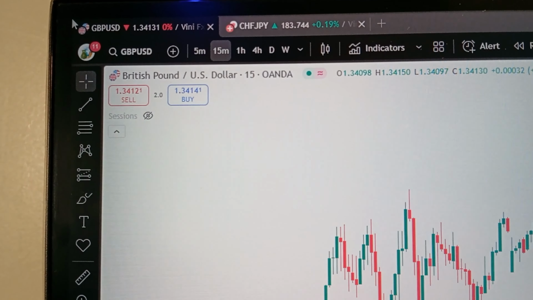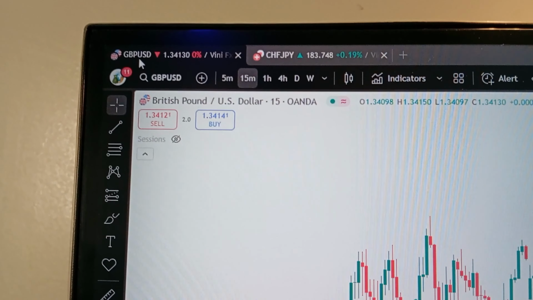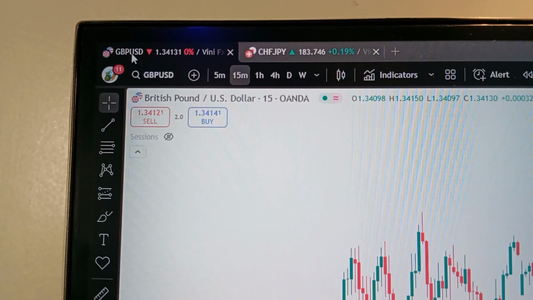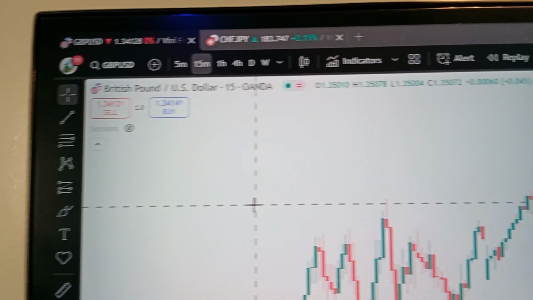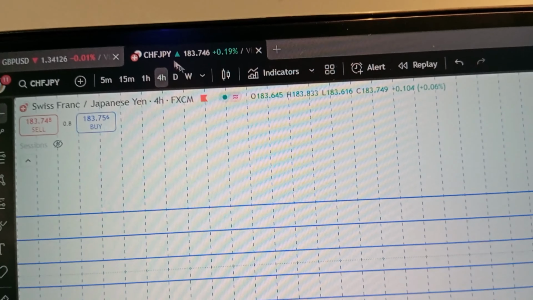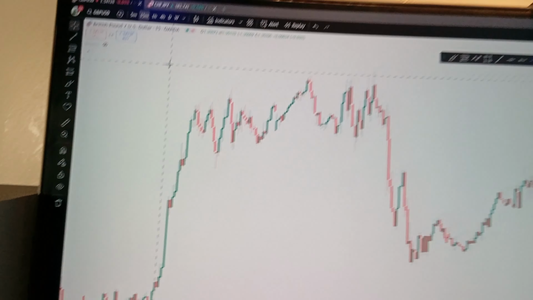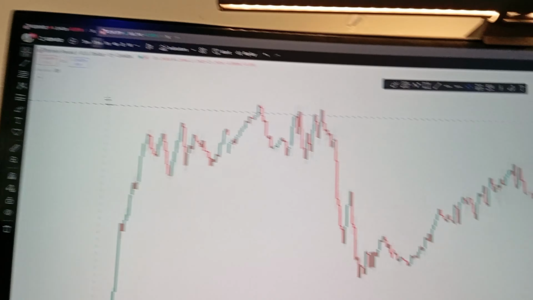Right now I am on the GBP USD chart. If I click here, I'll be on the CHF JPY chart, but this is the GBP USD chart. So we'll use this GBP USD to do the teaching for you to understand market structure.